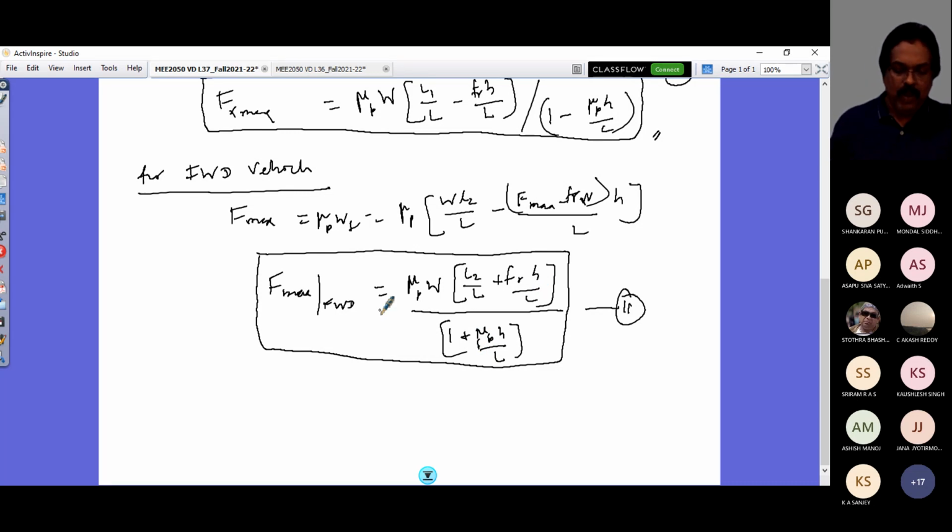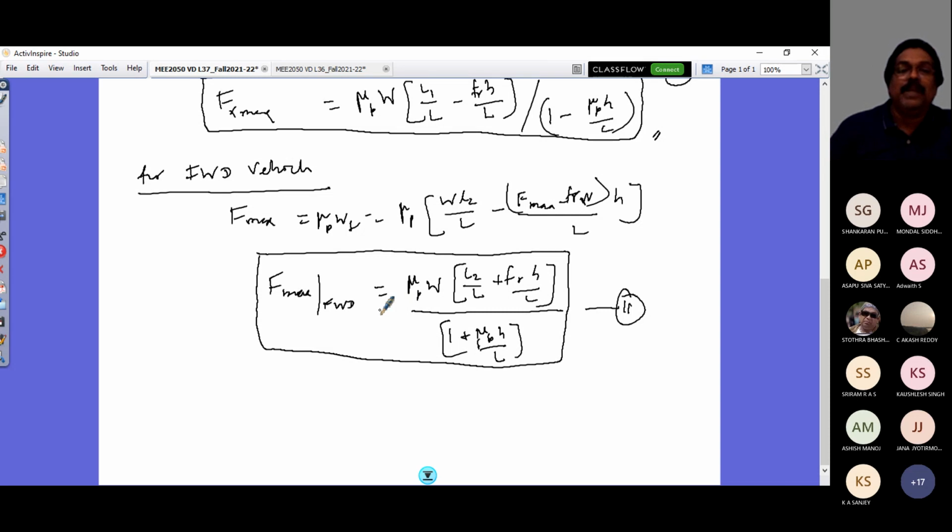Here we have to restate the statement we made in the last class: the performance potential of your vehicle is always limited by two limiting factors, and the smaller of them is deciding. What are the two? One is the maximum tractive effort that the tire-ground interaction can develop.